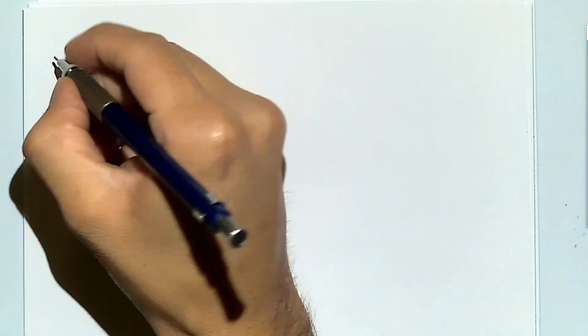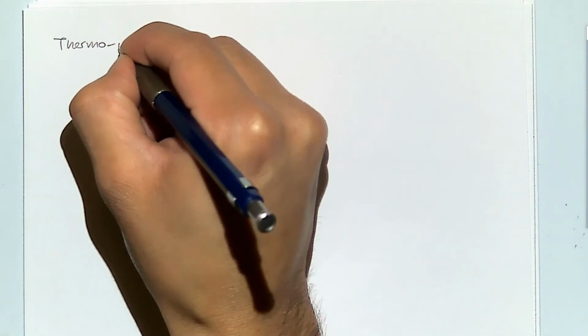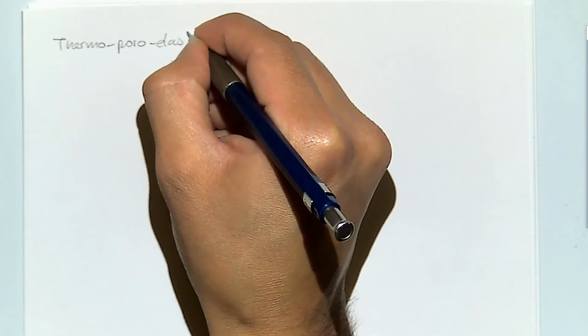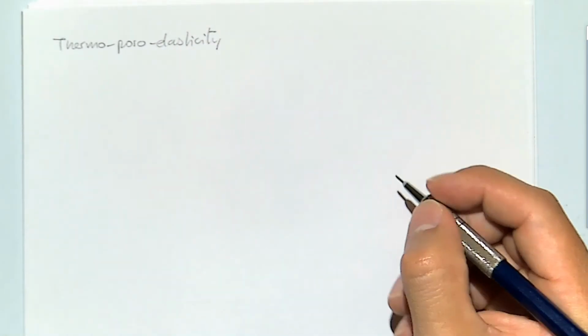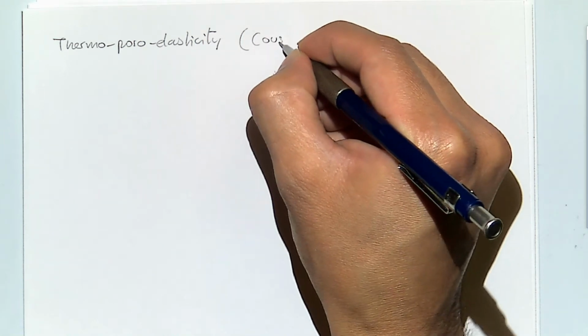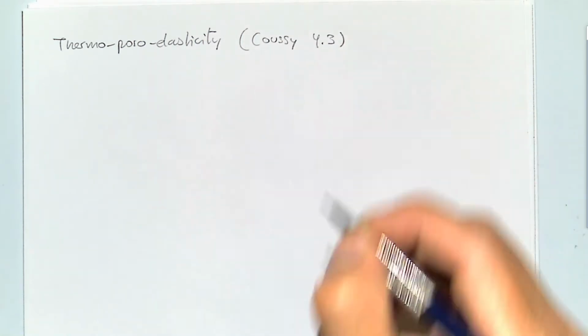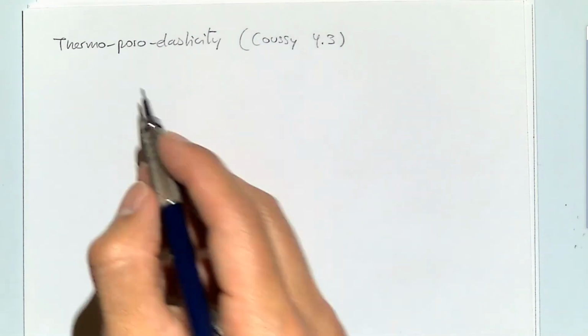I don't remember those equations by heart, and you should not remember them either, but you should know that there is a formulation that puts all of these together, and these would be the equations of thermo-poro-elasticity. If you want to know more about this, you can go to the book of Coussy, chapter 4.3.